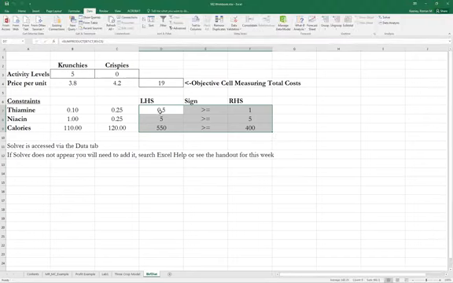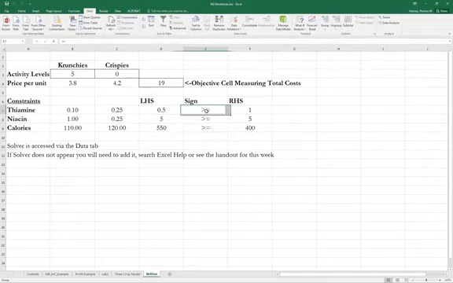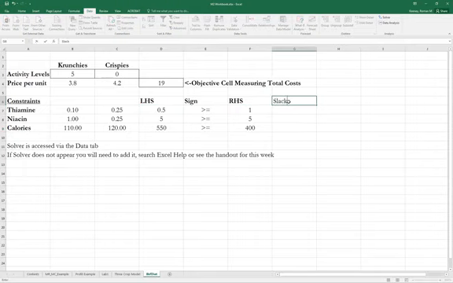Okay, so we talked about documenting and visual inspection of our solution. That would help you catch this one. Another thing that I do in large problems is put another column out here called slack, and I just subtract from the right-hand side, sorry, for this kind of problem we go left-hand side minus the right-hand side, and so it's really kind of a surplus in this case.